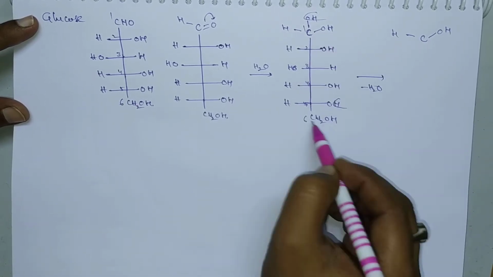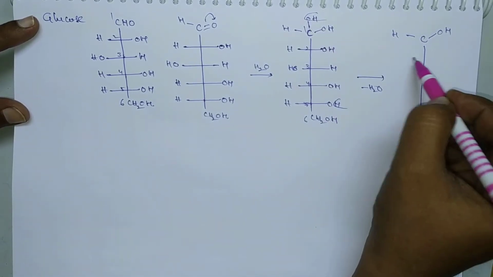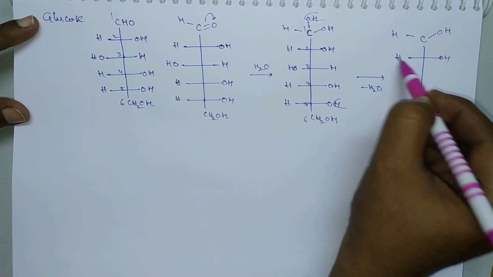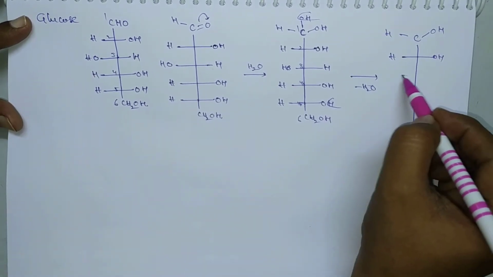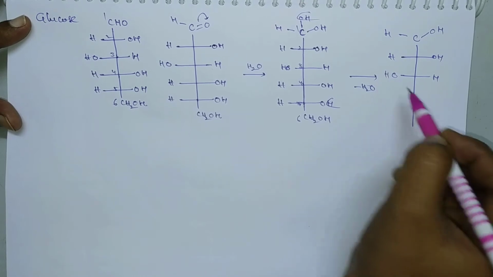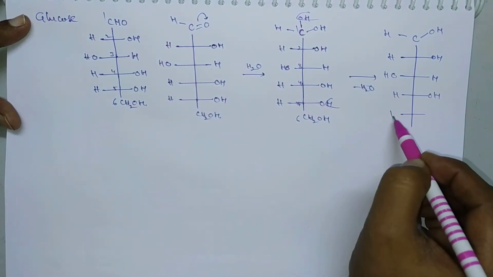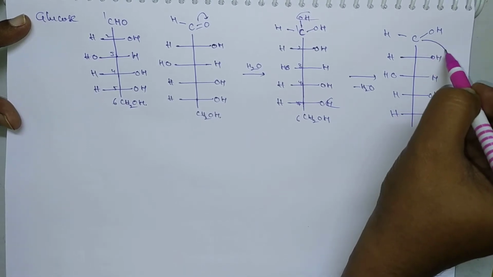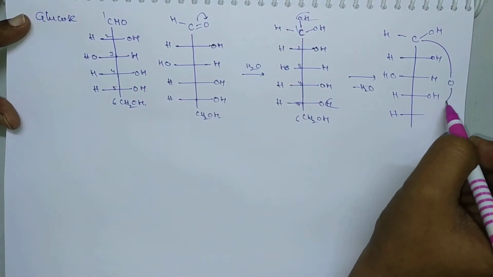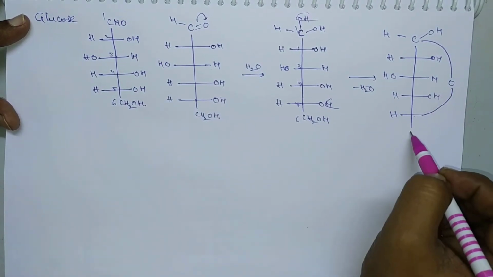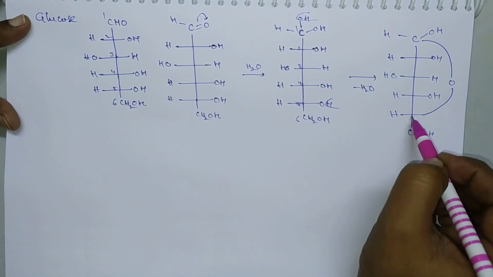So from this, OH and H, H and OH. From here we have to remove hydrogen, so it will be like this, and CH2OH.